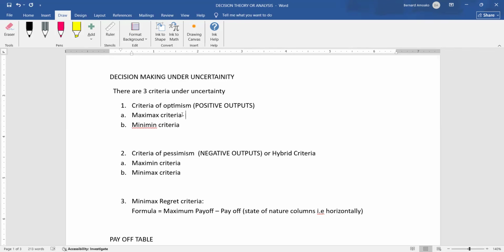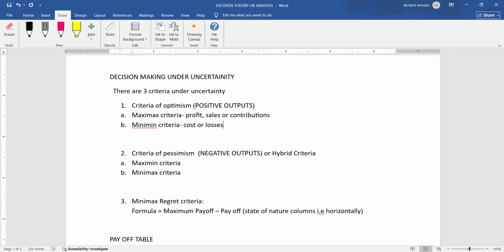Don't forget I told you that we use the maximax criteria for anything with respect to profits, sales, or contribution. But then we use the minimin criteria for anything in relation to cost or losses.